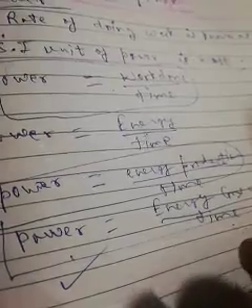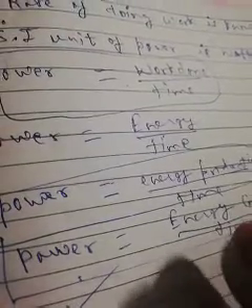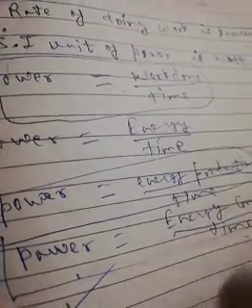Similarly, energy consumption. If any system is consuming more energy per unit time, then that system has more power. Simply we can say a 100 watt bulb has more power in comparison to a 60 watt bulb, or a 60 watt bulb has more power in comparison to a 25 watt bulb.